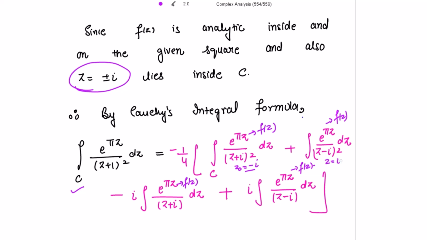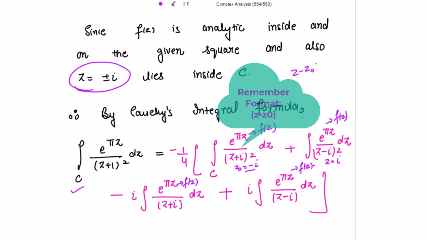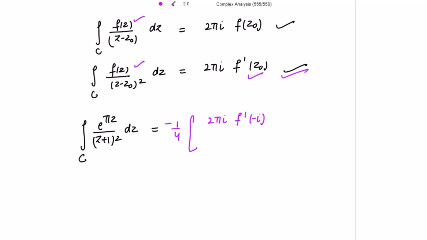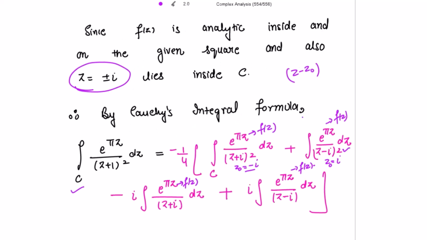Here z naught is simple iota. Please remember the format, z minus z naught. Accordingly, take your z naught. Okay, here z naught is iota, and because of the square, we are going to apply this formula. So this is plus 2 pi iota f dash iota. Then the simple formula, first one, we have no power over here. So this is minus iota. What is z naught? Z naught is negative iota.